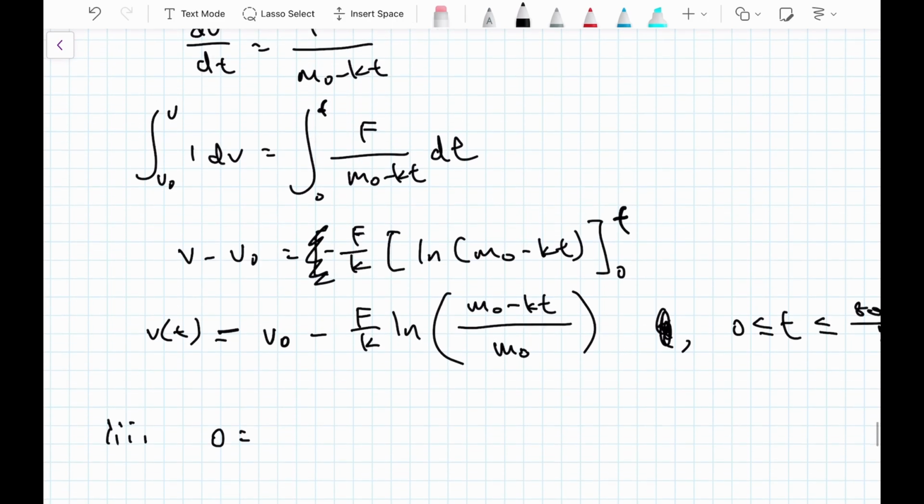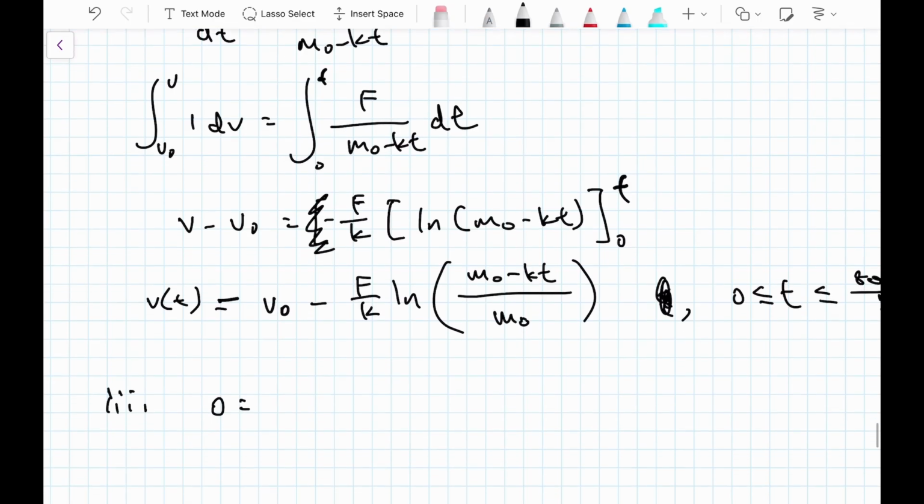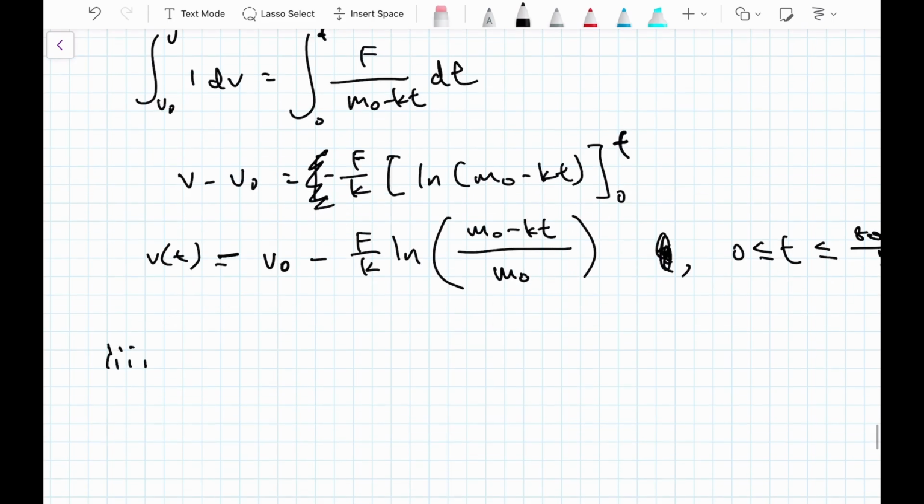Now, V0 is the orbital speed of the satellite around Mars, so we have to calculate that first.